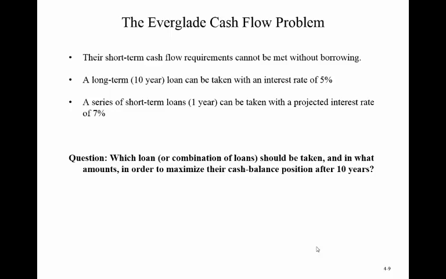So if you sit way back from that, what they're really trying to figure out, the end product to help them make decisions, is which loans, how much, and when they should take these loans out in order to minimize the eventual interest costs and therefore maximize their cash position after 10 years.